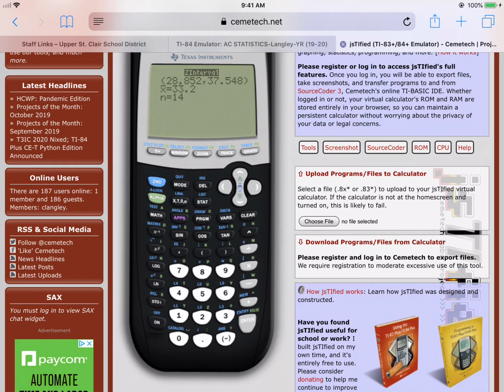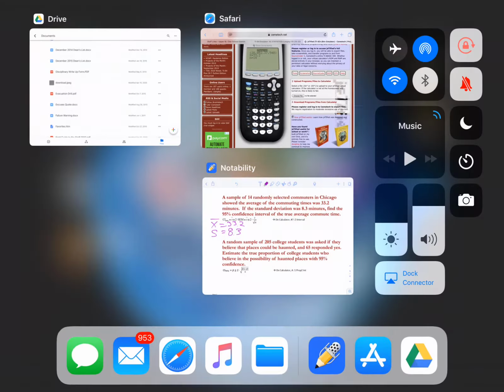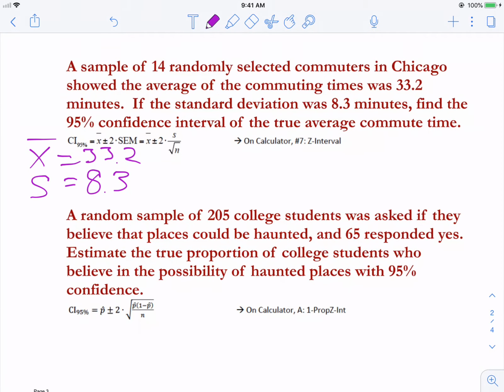And hit enter, and there's our confidence interval. And we see 28.8 to 37.5.